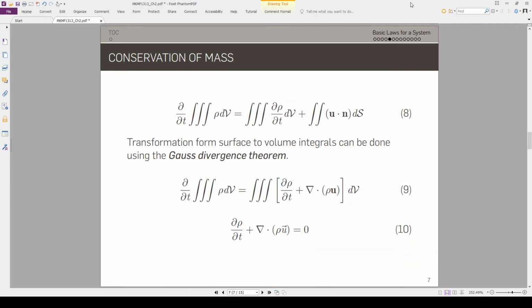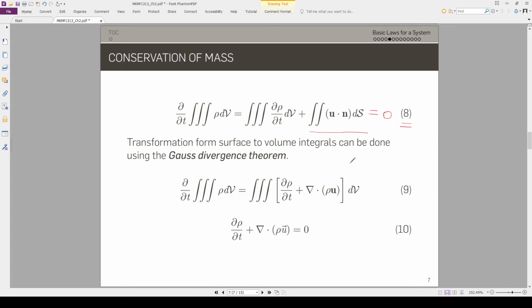A similar equation can be written as represented in equation number 8, especially for the convection part of the conservation of mass equation, and all of this should be equal to 0.